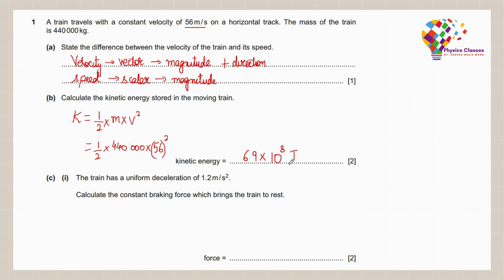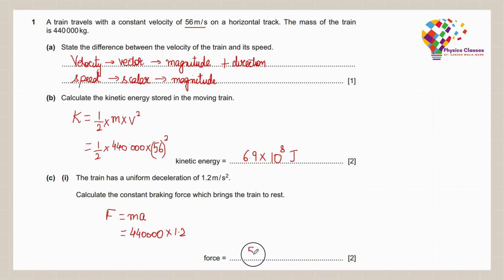For C1, it says that the train has a uniform deceleration of 1.2 meters per second square. Calculate the constant braking force which brings the train to rest. So we already know that if you want to calculate the force, we have to do mass times acceleration. The mass is already given to us, which is 440,000, and the deceleration, which is nothing but negative acceleration, is given to us as 1.2.